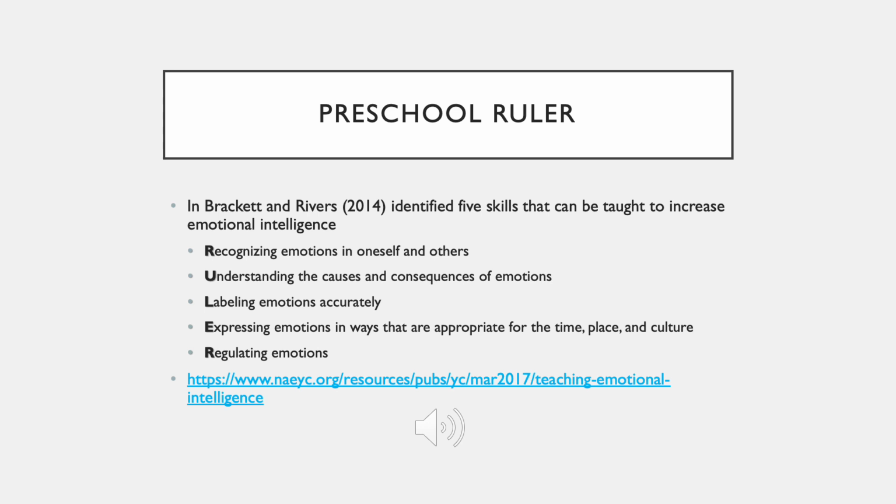We can see here that the term RULER is broken up into different ways of supporting children's ability to understand, express, and regulate their emotions. There are different steps that a child is taught in order to increase their emotional intelligence.